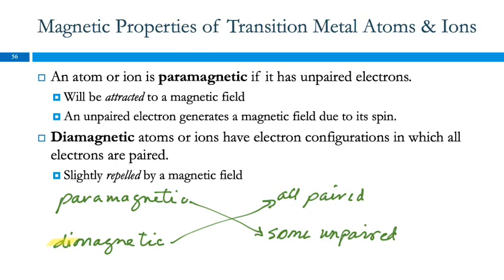Question? So paramagnetic has unpaired. Diamagnetic, they're all paired up. Yeah, it is confusing. And then how do you remember, is it attracted or not attracted to a magnetic field? Well, you've got some unpaired electrons versus all paired up electrons.